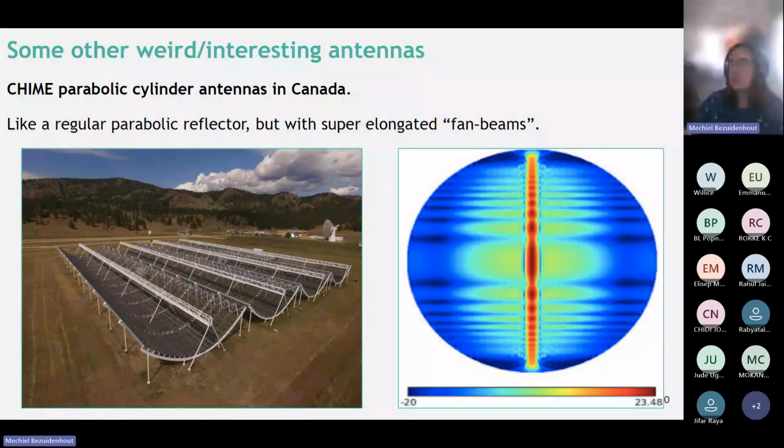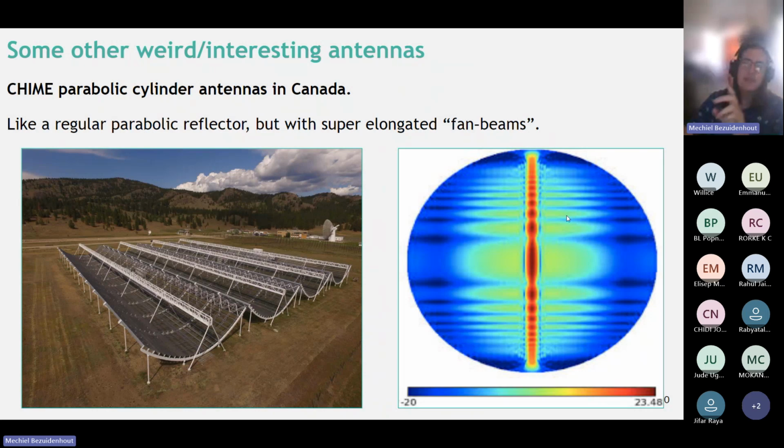So they are not a parabolic dish, they are parabolic in one direction only. And that means that you get a beam that's similar to a typical parabolic dish's beam, but it's extremely elongated. It's elongated in the direction of the elongation of the cylinder itself, which gives it a very big footprint on the sky.